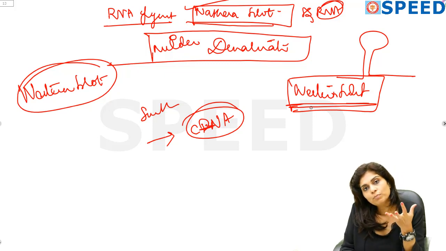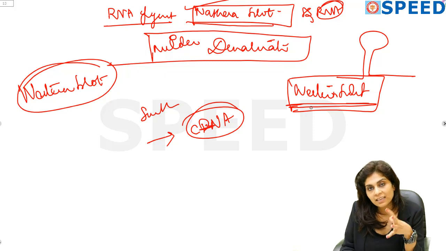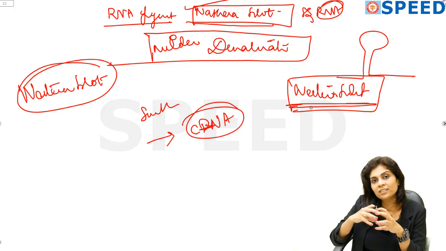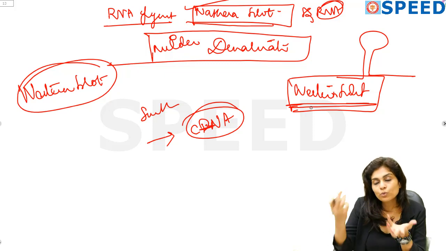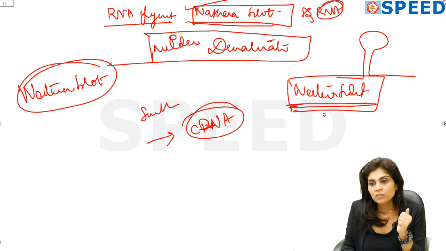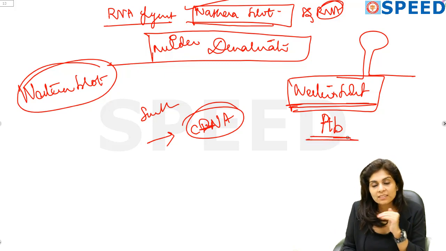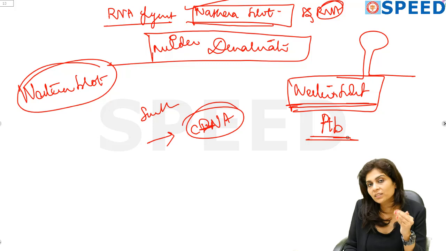You synthesize monoclonal or polyclonal antibodies which are directed against the protein of interest to you. You label them and use them as a probe. So what is the probe that is used in western blot? It's an antibody probe.